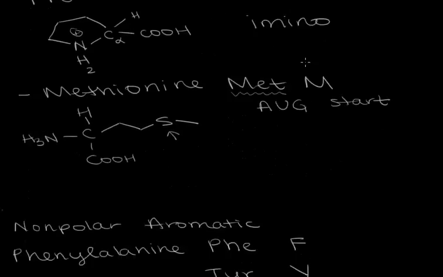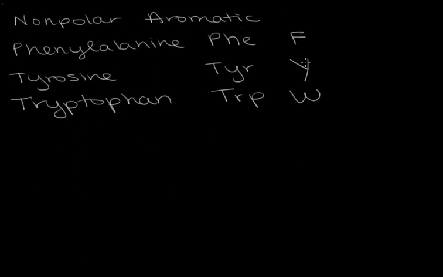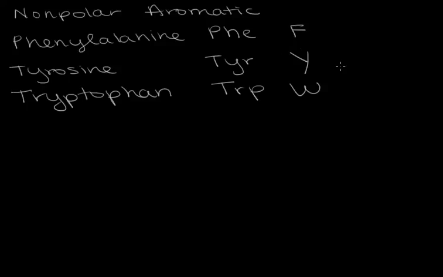Okay, up next we're talking about nonpolar aromatic side chains. So we see there's only 3. And the importance of the aromatics is that these contribute to the UV visible wavelength of each protein. And because the numbers of these are different in each protein, each has a unique extinction coefficient at 280 nanometers.